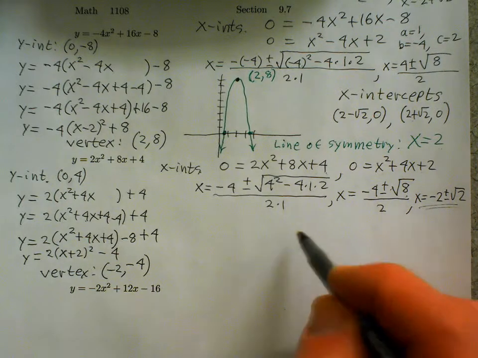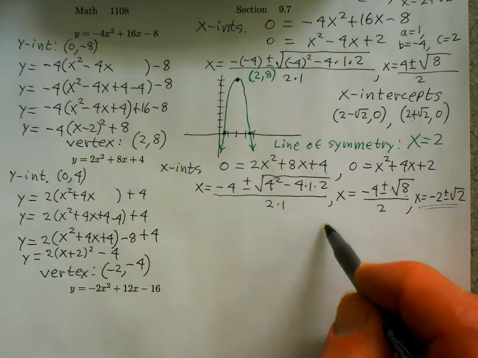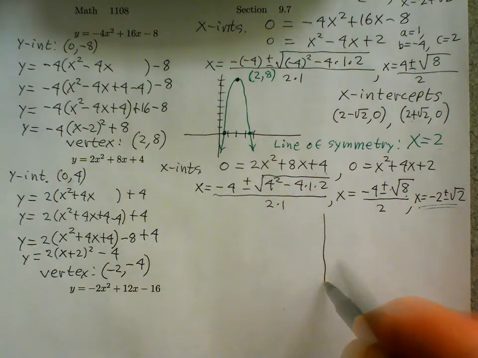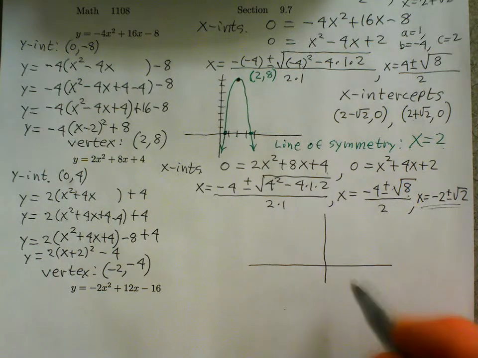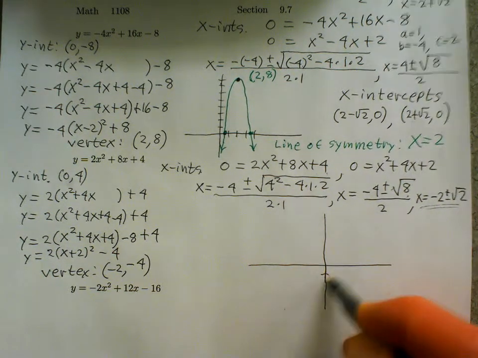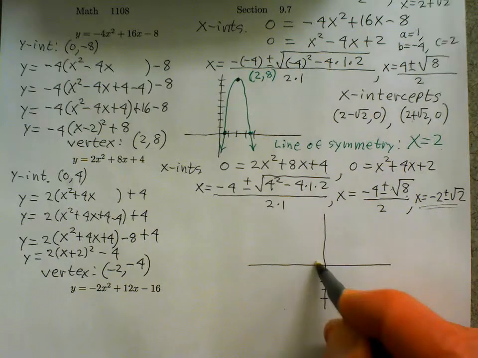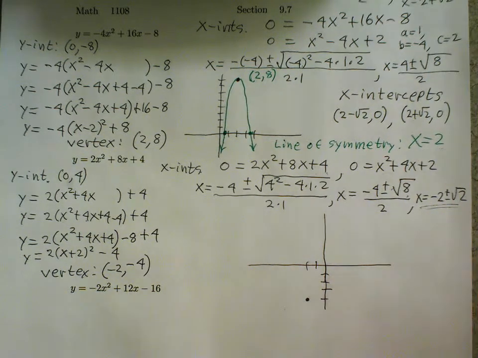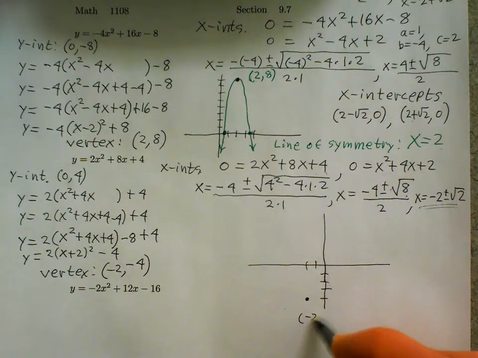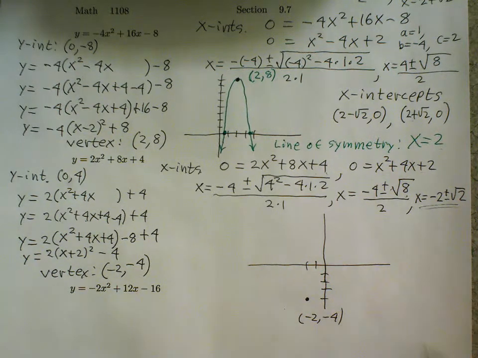Okay, let's go ahead and sketch a mini graph. So -2, -4. And the parabola opens up.